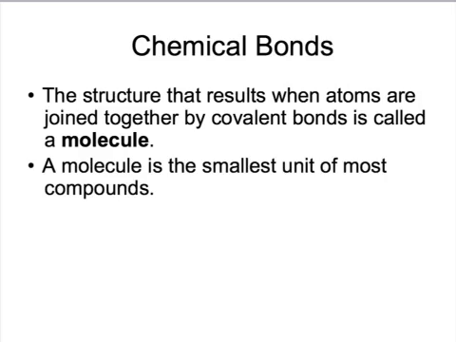The structures that result from atoms being joined together by a covalent bond are commonly known as a molecule. Molecules are some of the smallest units of compounds. Molecules tend to be smaller, like water and salt, while compounds tend to be much longer, things like sugar.